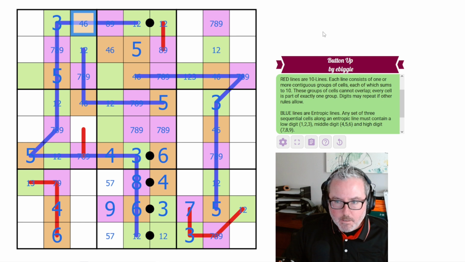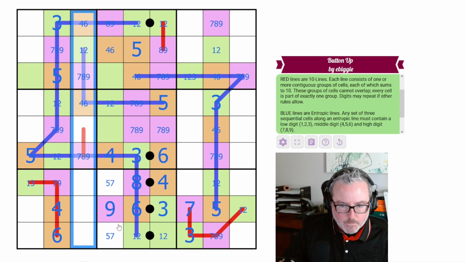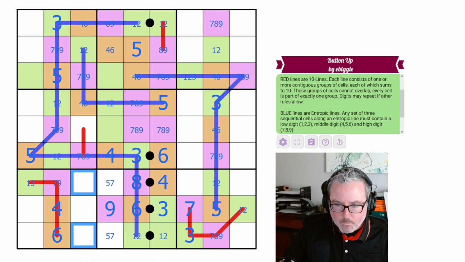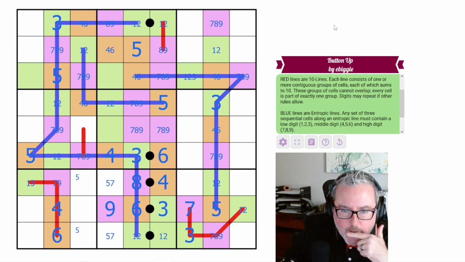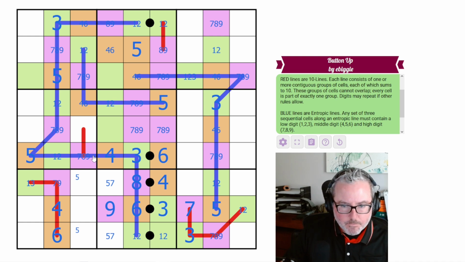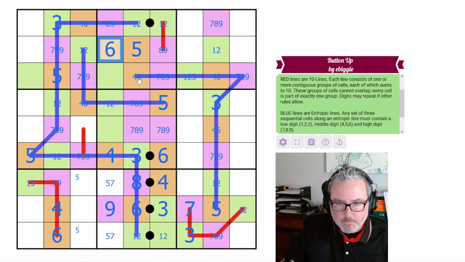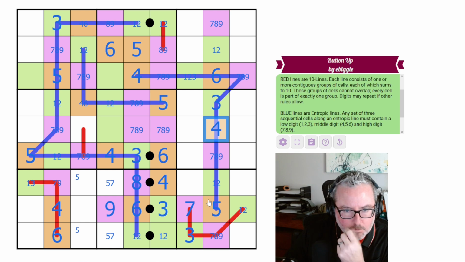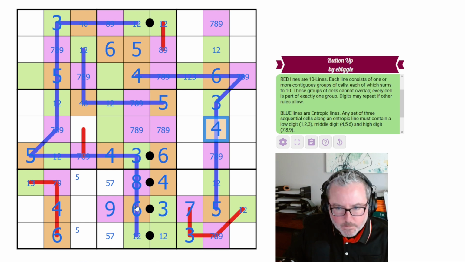This can't be 5. So we got to put a 5 in here somewhere. It's going to be one of these two. Really trying to differentiate the colors here a little bit. This 4 gives us a 6 and a 4, and a 6 and a 4. That's good.